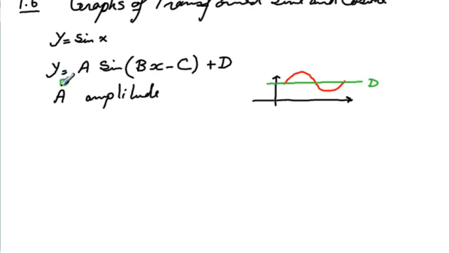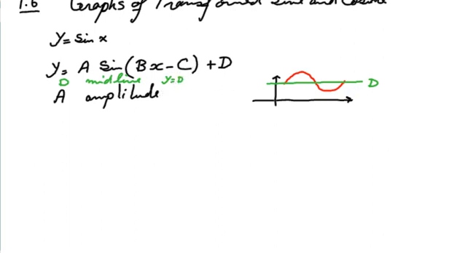D, for a basic function, midline is just the x-axis. If you take it and move it up or down, you do it by adding or subtracting a quantity here, and that's the location of the midline. So the midline itself has an equation, y equals d.